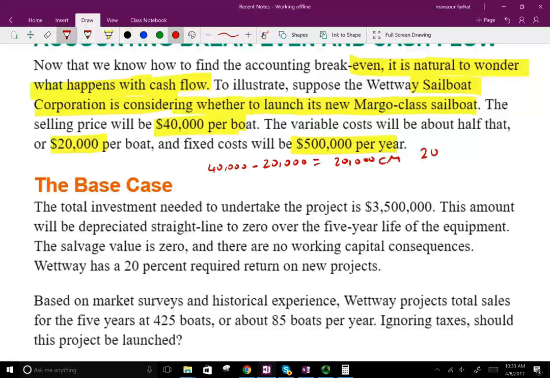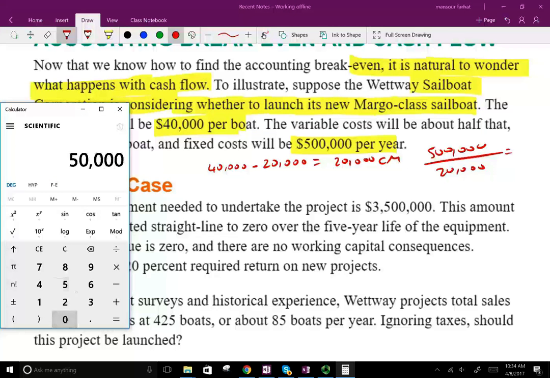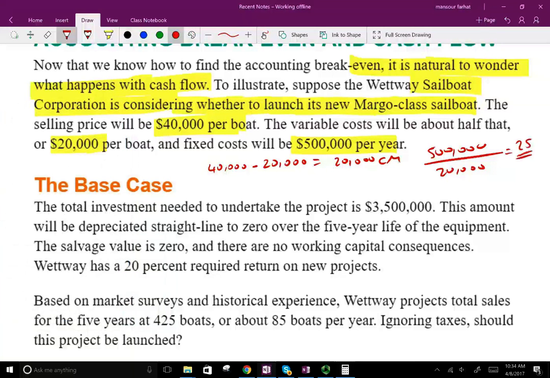If I take my fixed cost of $500,000 divided by 20,000, my CM, what I learned in the prior session, then before I go any further, I know I need to sell 25 units to break even from an accounting perspective.